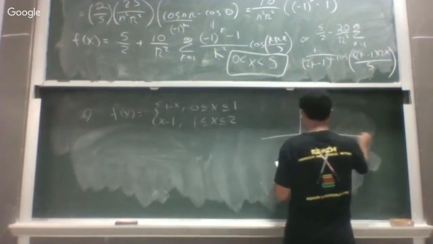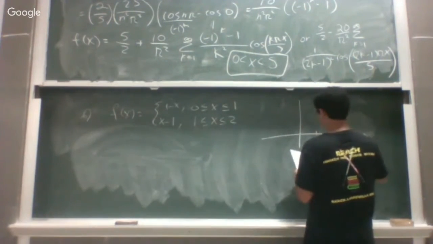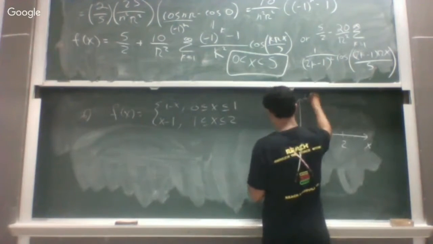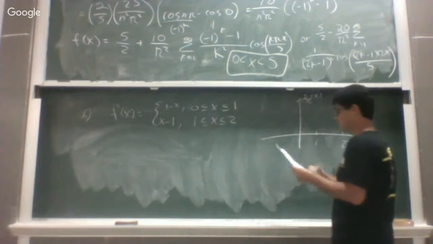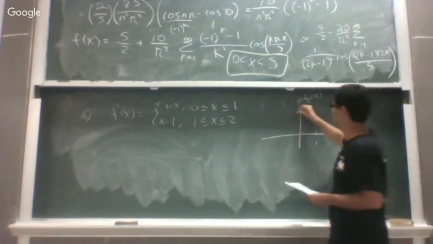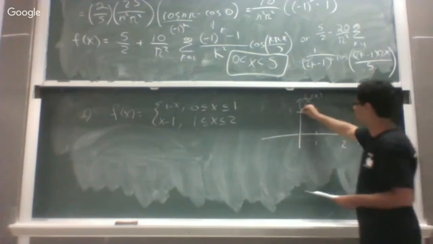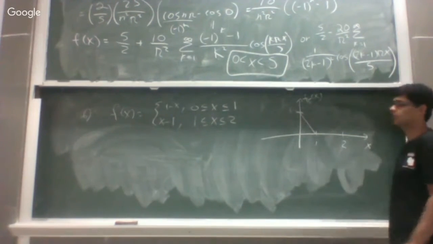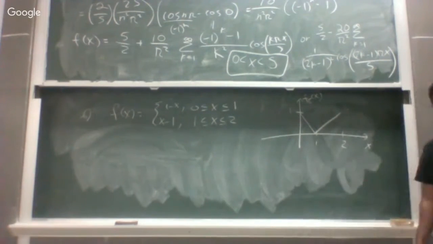So you can graph it. First thing you should always graph is what you are given. Okay. So between 0 and 1, it's 1 minus x. So that's the curve. Between 1 and 2, it's x minus 1. So it's like that, right?